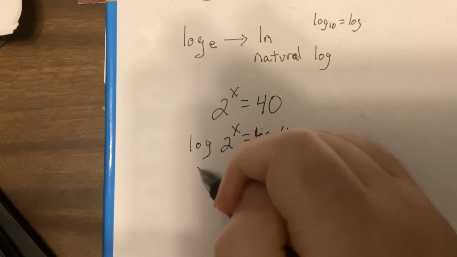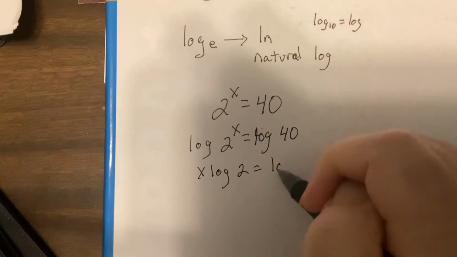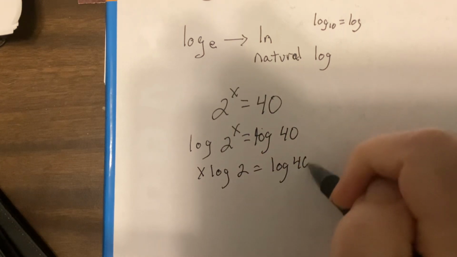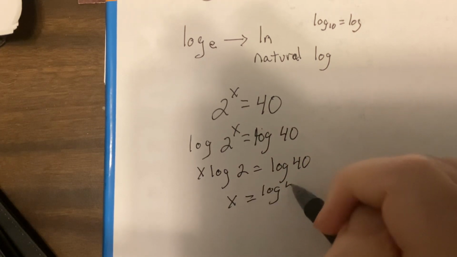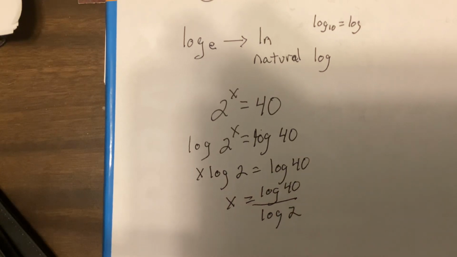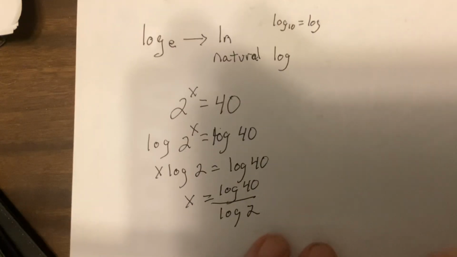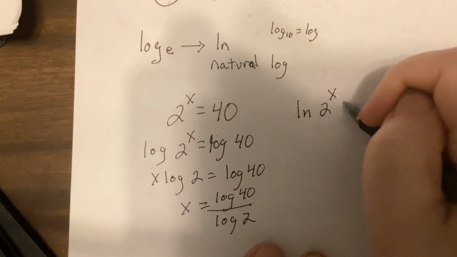Then you bring the x out. Then divide by log 2. Or you could do ln. It works the exact same way.